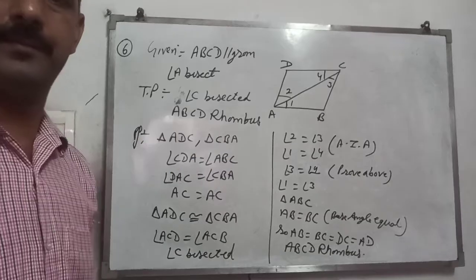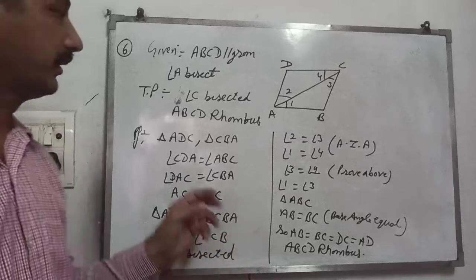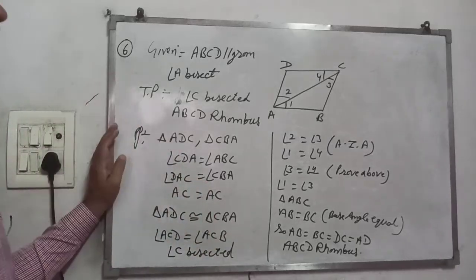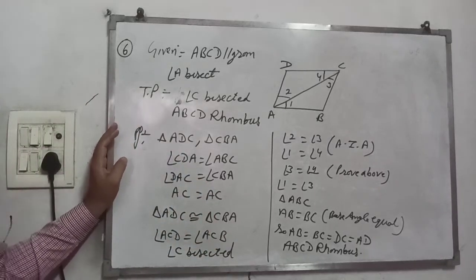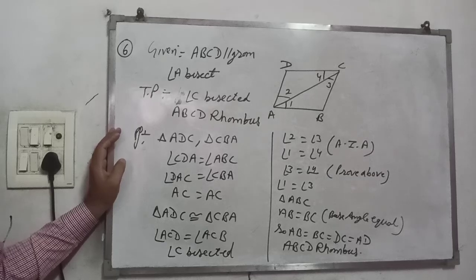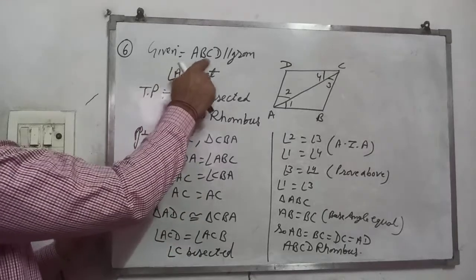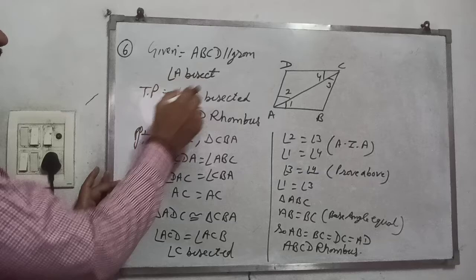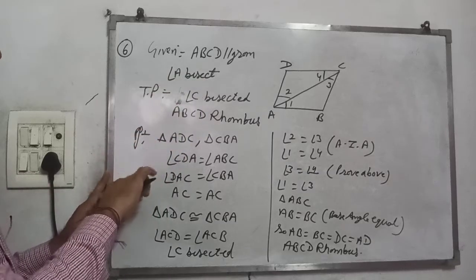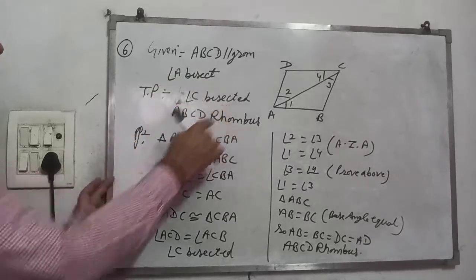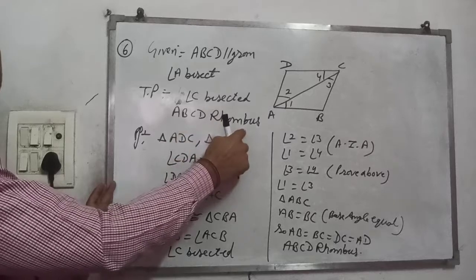Now we come to the next question, that is question number 6. Here it is given that the diagonal AC of the parallelogram bisects angle A. So ABCD is a parallelogram and angle A is bisected. We have to prove angle C is also bisected and ABCD is a rhombus.